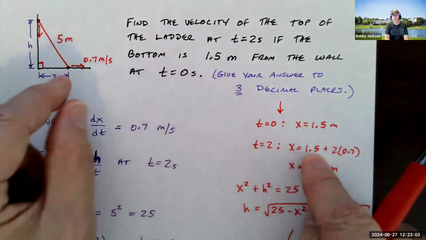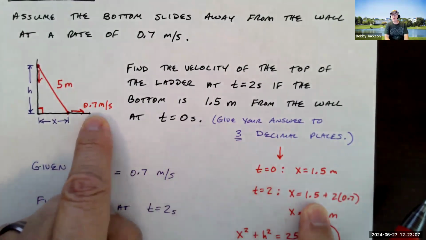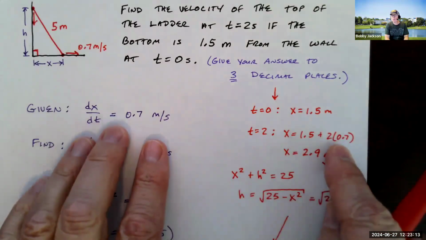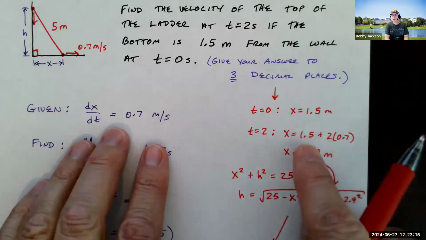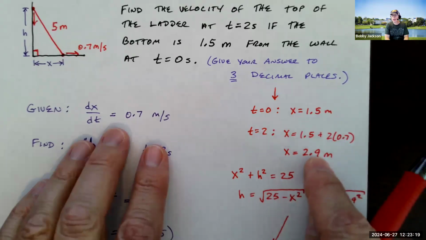Well, it's going to be that 1.5 meters, but also remember it's moving away at 0.7 meters per second. And so for 2 seconds, it's going to have traveled 2 times 0.7, or 1.4 meters, right? So 1.5 plus 1.4 is 2.9 meters.